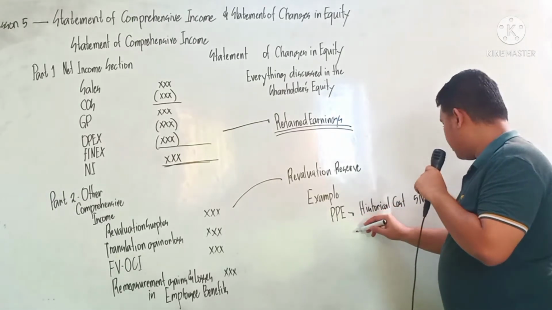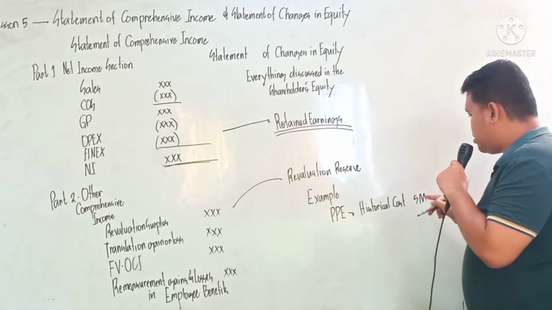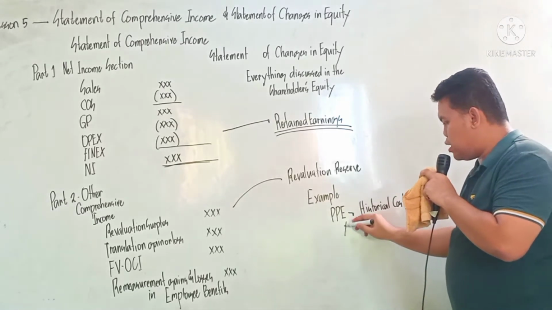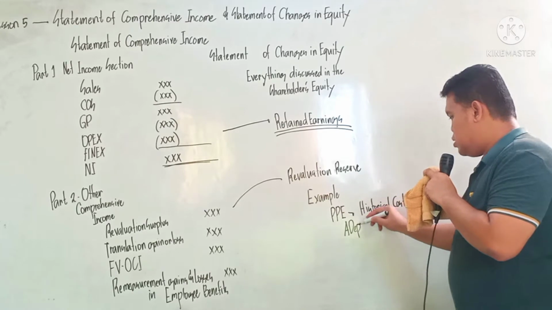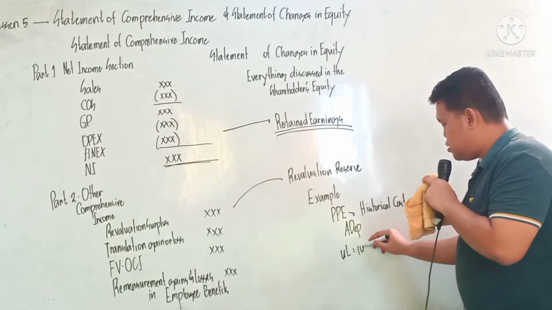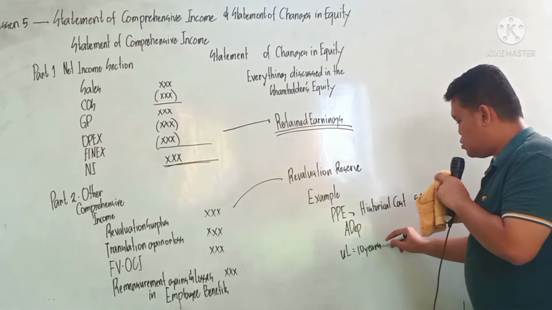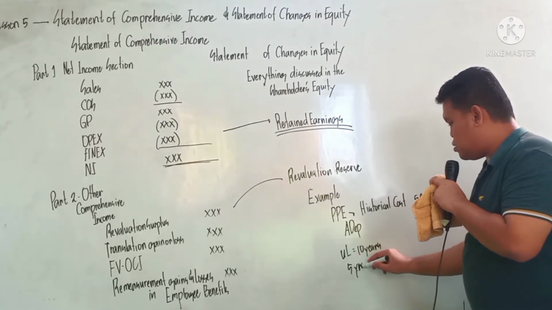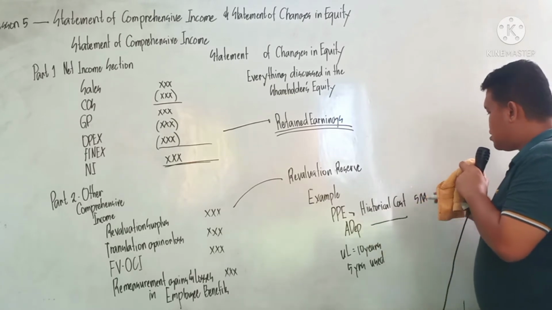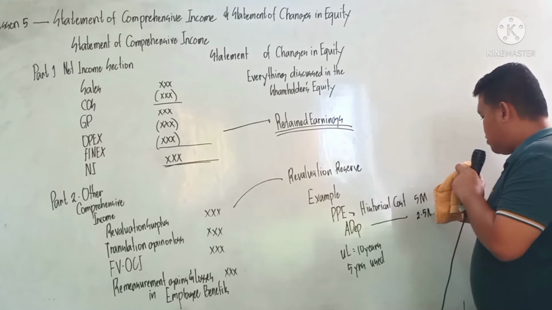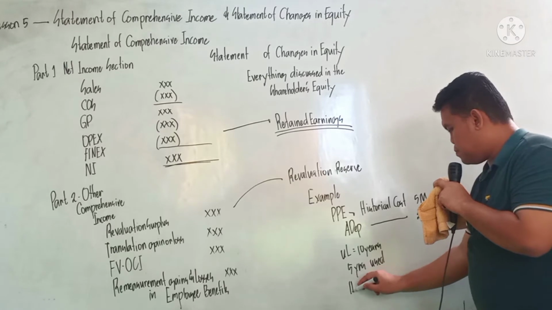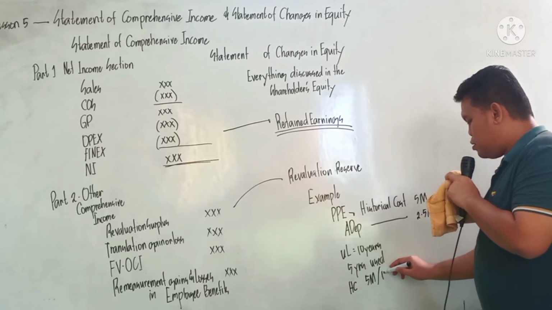But since the useful life is 10 years, and then it was already used for 5 years, the accumulated depreciation, for example, if the useful life again is 10 years, 5 years used na siya, the accumulated depreciation for this one is 2.5 million. That is 5 million historical cost divided by 10 years.